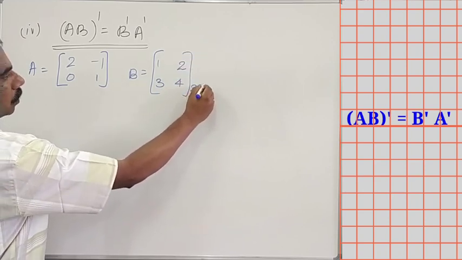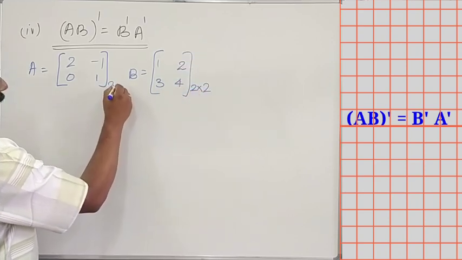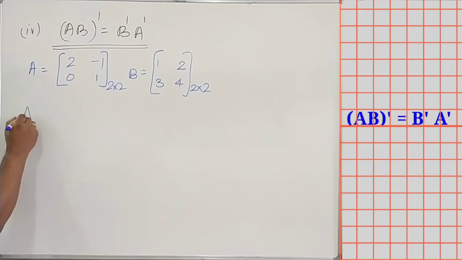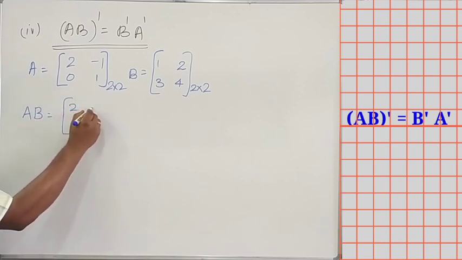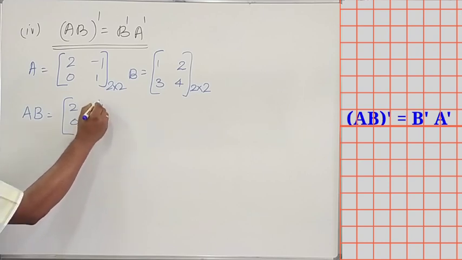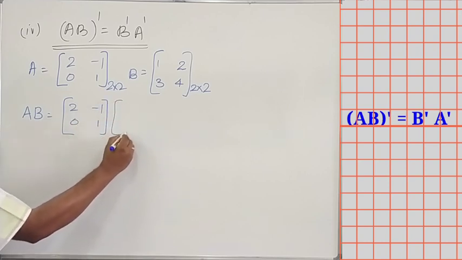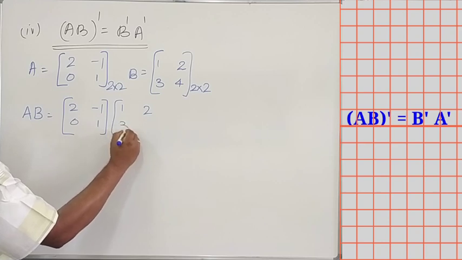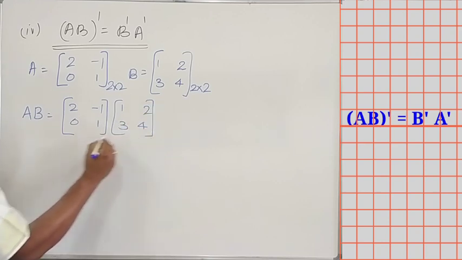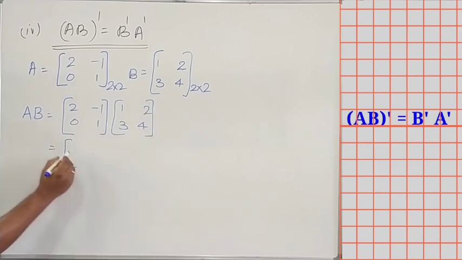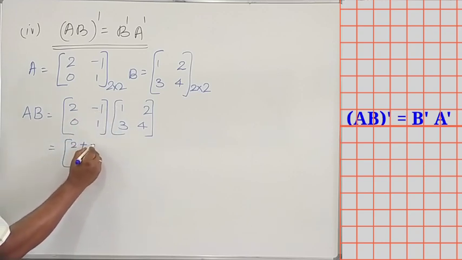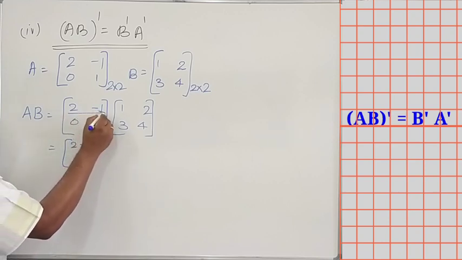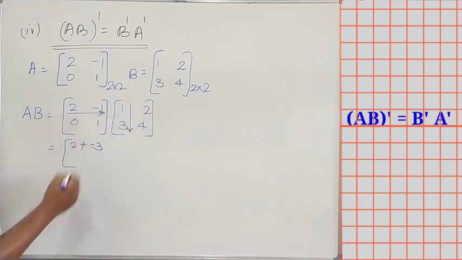The order of these two matrices is 2 by 2. We need to find A into B, that's equal to matrix 2, minus 1, 0, 1 into matrix 1, 2, 3, 4.